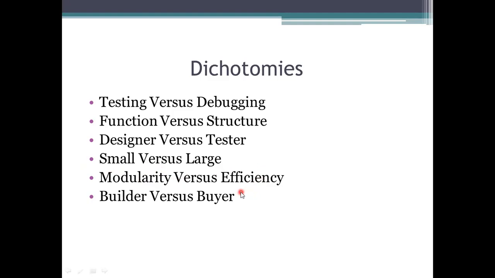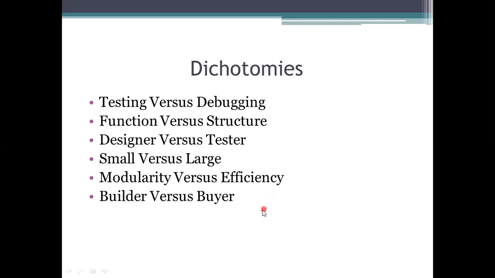And coming to the next one, builder versus buyer. Builder means the person who is designing this system, and the buyer means the one who is paying for, that is purchasing, this system. Considering builder versus buyer, the main thing we need to specify is accountability.